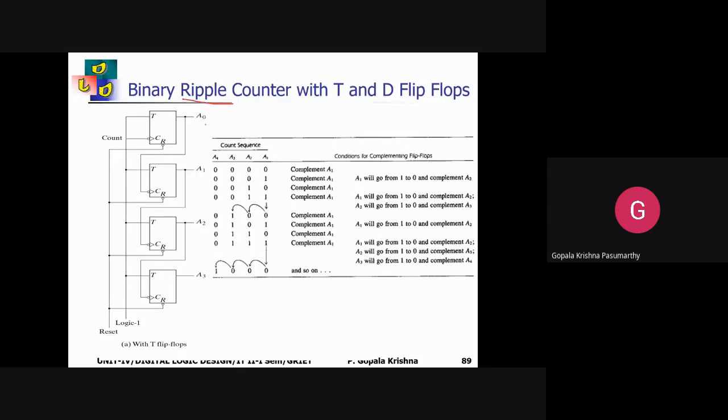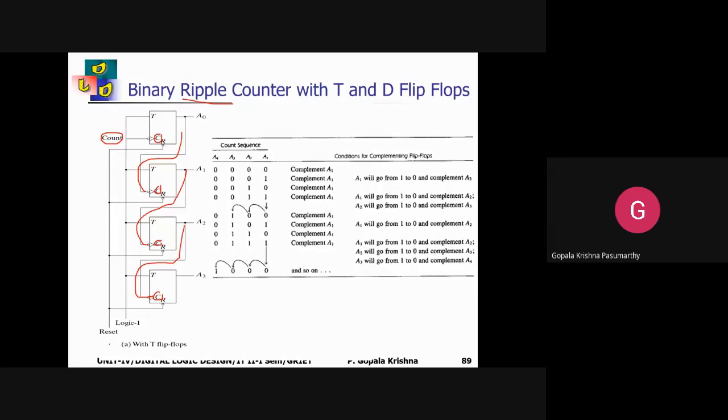If it is a ripple counter, see the clock input of the first flip-flop. This is my first flip-flop. Its clock is connected to some external input called counter. This clock is connected to A0, this clock is connected to A1, this clock is connected to A2.